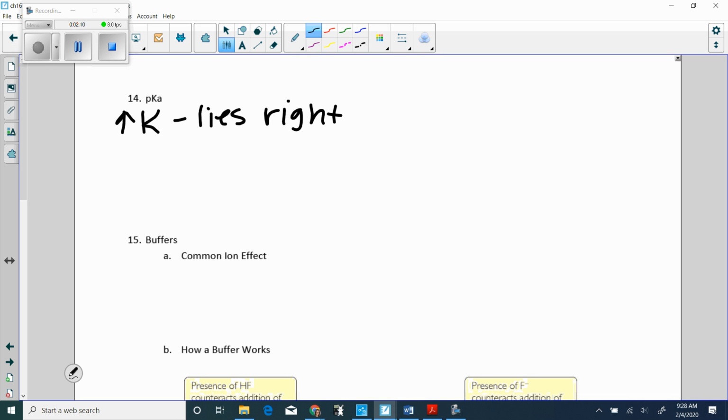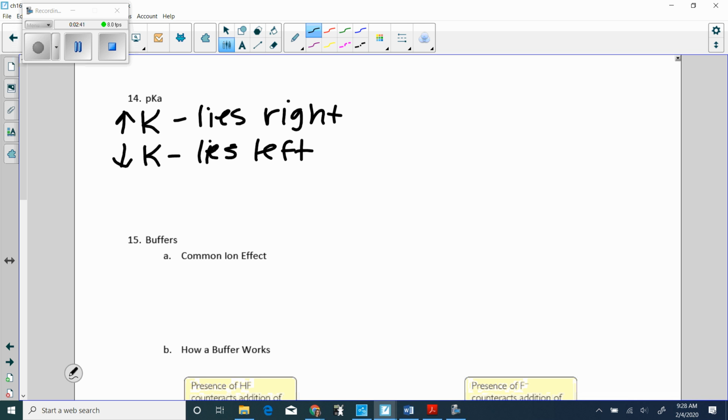If my K is really small, that means the equilibrium lies left. That means my left side has the stuff and my right side does not have the stuff. So for an acid, if my equilibrium lies left, I have a lot of water and stuff over here, but I just have a teeny drop of the H3O.